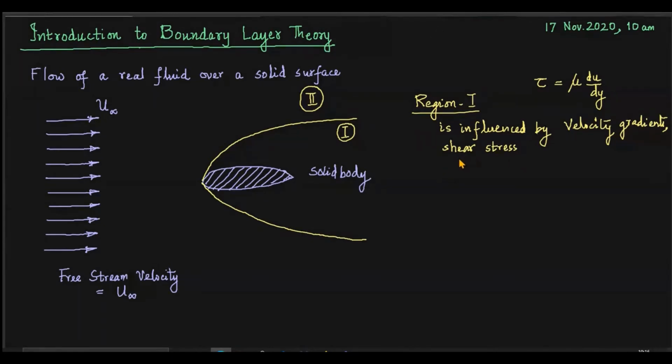The relative motion can be both: either the fluid flows over a stationary solid body, or the solid body moves in a stationary stream of fluid. Region 1 is characterized by velocity gradients, shear stresses, and consequently the drag force, energy losses and all. This region is the region of boundary layer.